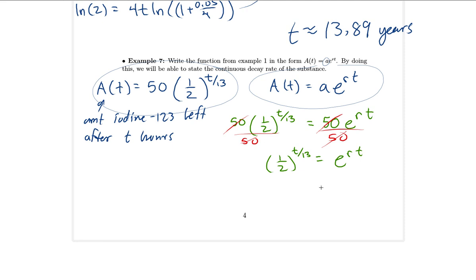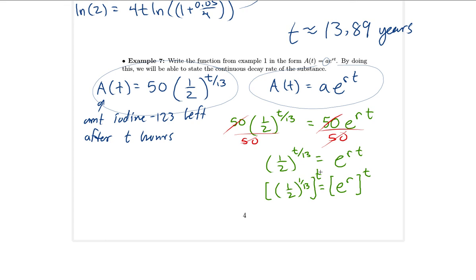Here's how. Right now on the right side, I'm multiplying my r and my t, right? By our exponent laws, that's the same as taking a power raised to a power. And I can play the same game over here. I can say this is 1/2 to the 1/13 raised to the t power.